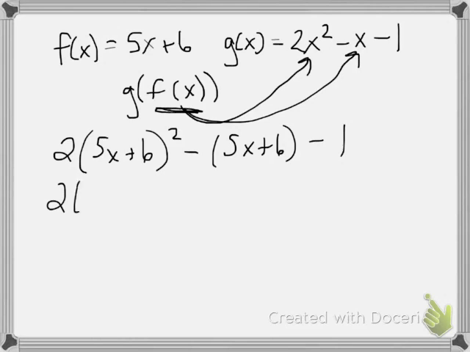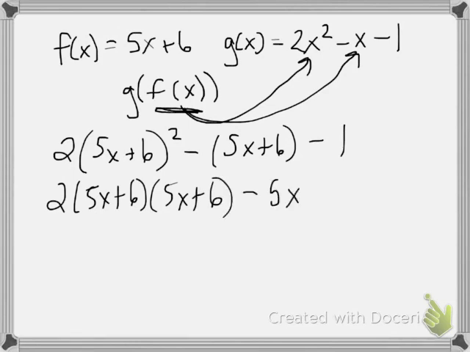All right, we need to FOIL (5x plus 6) squared. We need to distribute that subtraction in front of our second parentheses. Now remember, I don't bring that 2 in. Notice I'm still carrying my 2. My first focus is to FOIL.